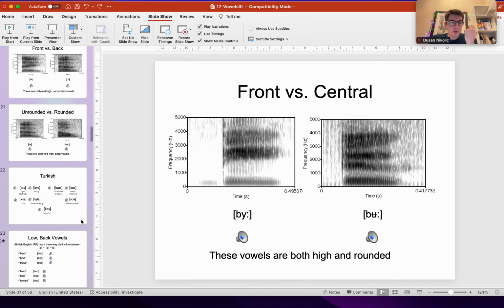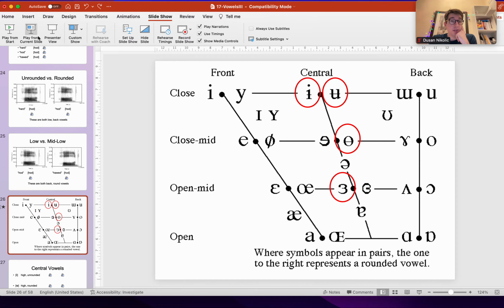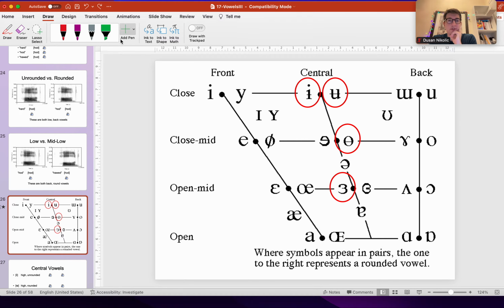And if we know where F2 and F3 should be, we know, or at least F2. Let's just remind ourselves of where F2 should be. So here you will find F2, right? And it goes from low to high. So the lower the F2, the backer the vowel, and usually that's what happens with rounding as well. If you compare these two, for example, right? Rounding lowers it. And this is F1, right?